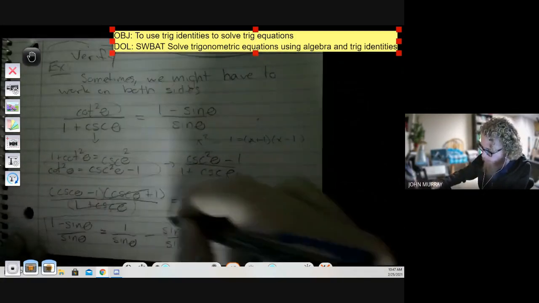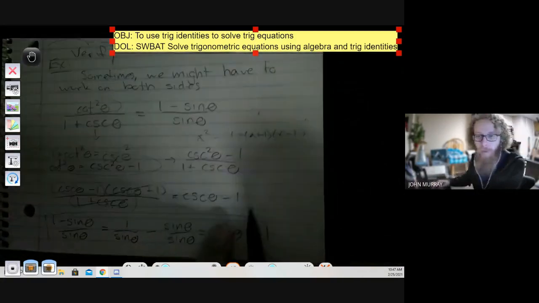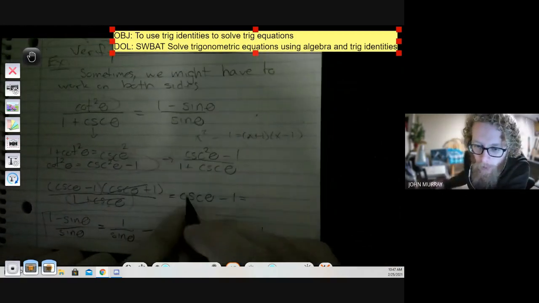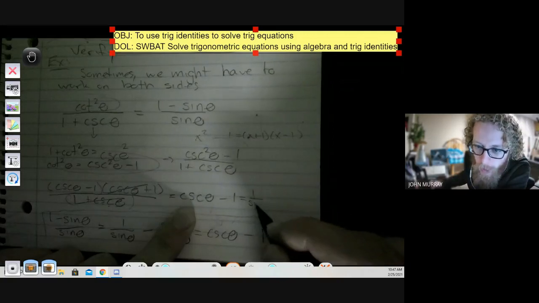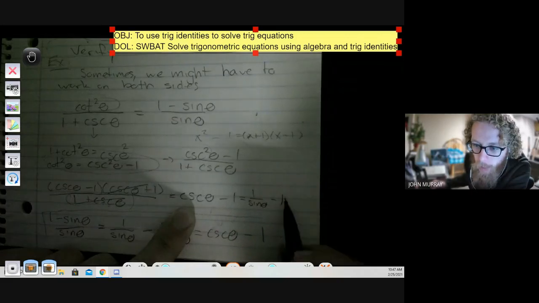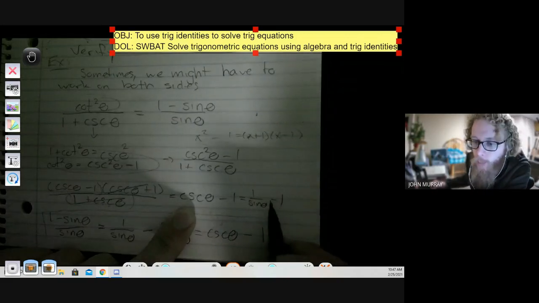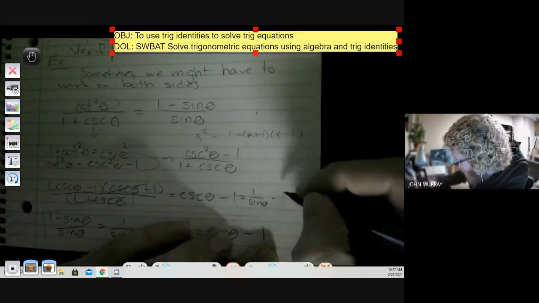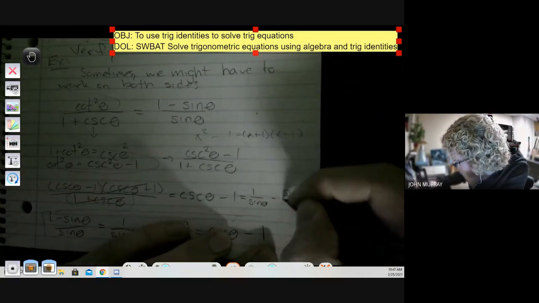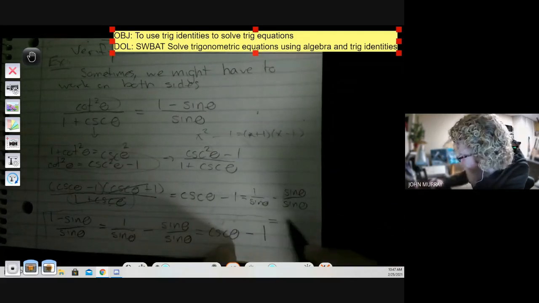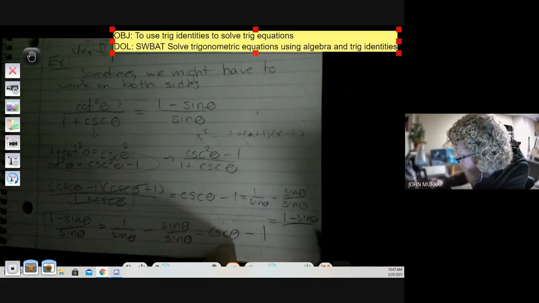But like I said, I will show you. I don't need this part necessarily, and I could keep working with this. Cosecant is 1 over sine. So if I have 1 over sine minus 1, and I want to actually subtract them, I need a common denominator. So this 1 would become sine over sine. And then when I combine these, I get 1 minus sine over sine.